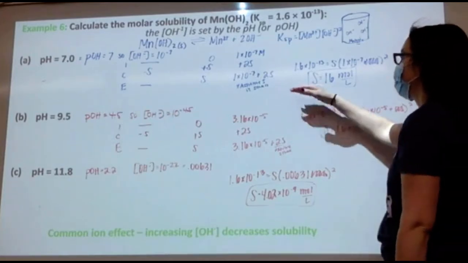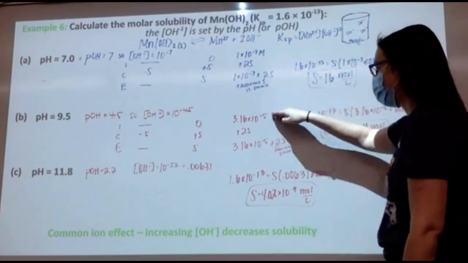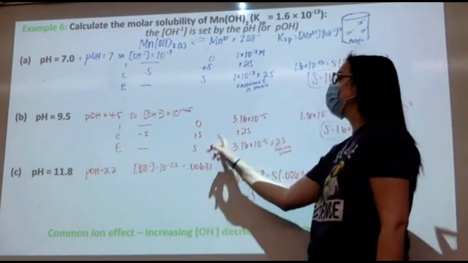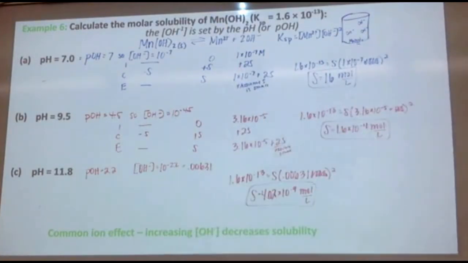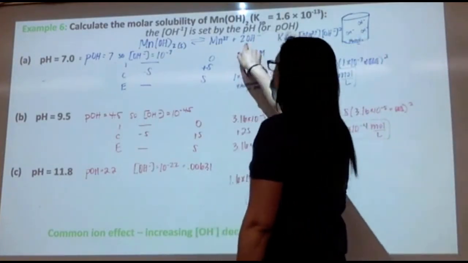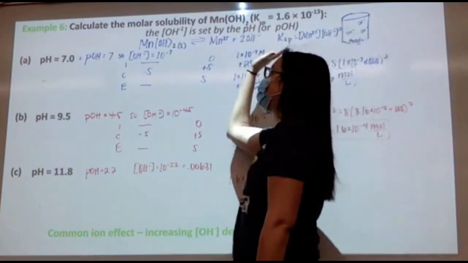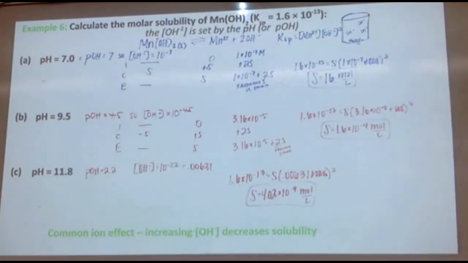As we increase the hydroxide, going from negative 7 to negative 5 to negative 3 in terms of the exponents, solubility decreased. The common ion effect says that as you increase the common ion, you now have too much of it, so the reaction is going to shift back toward the reactants. It's going to reduce solubility.